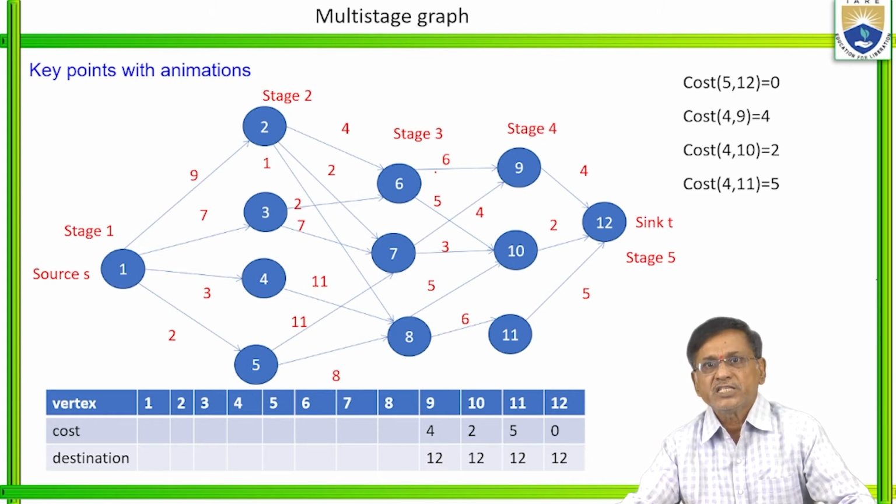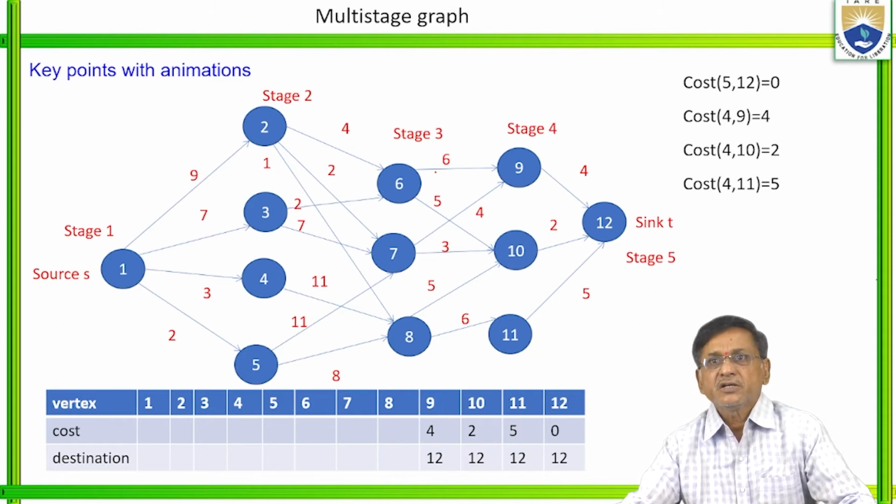It has two paths, one is 5 to 7, another one is 5 to 8. So this can be calculated like this. The cost of edge 5 to 7, that is 11, plus the cost of vertex 7. The next one is the cost of edge 5 to 8 plus the cost of vertex 8 in the third stage.